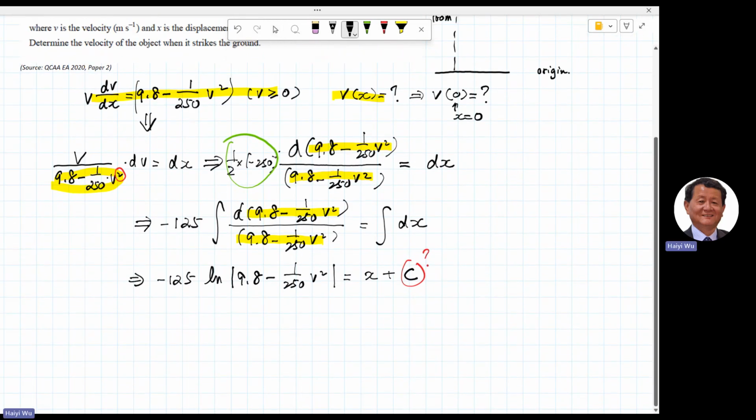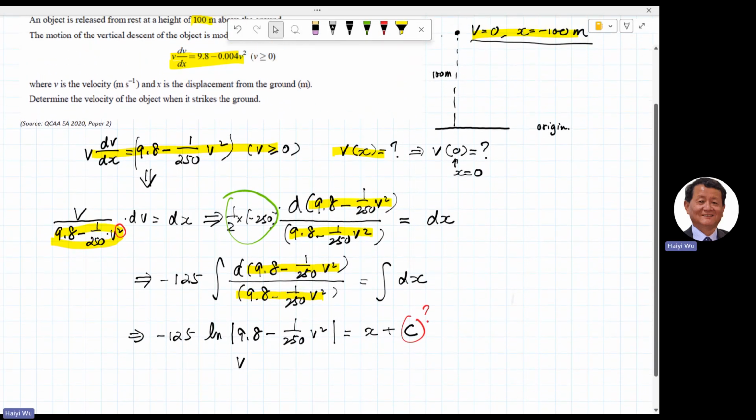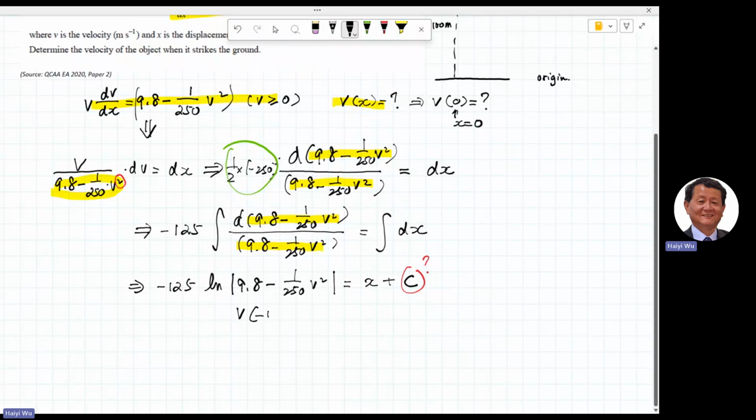So that's why we're going to use the next condition we were given. We know the initial velocity is 0 when x equals negative 100. That's the given condition we just talked about. So we substitute into the formula: velocity equals 0, so that term becomes 0.